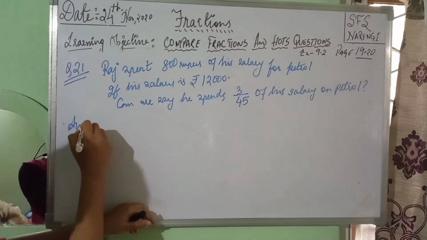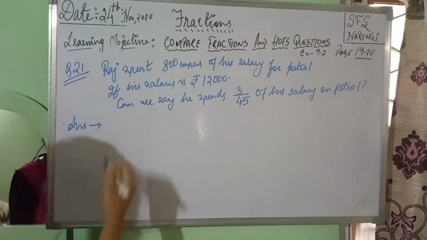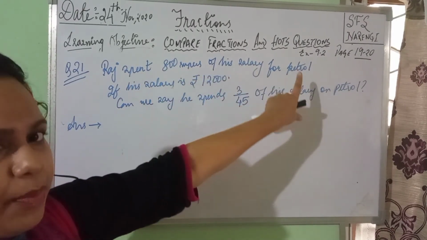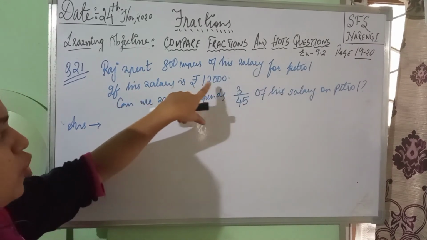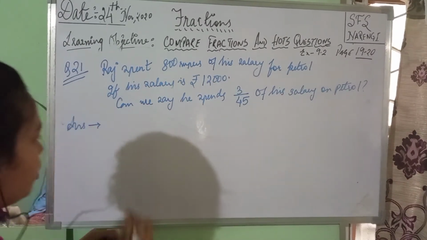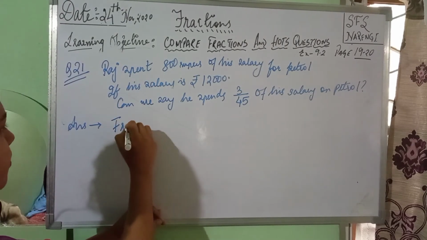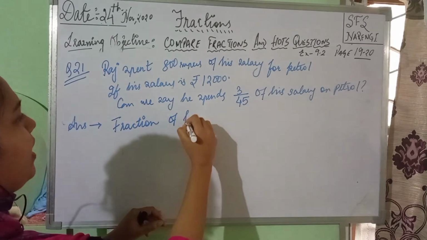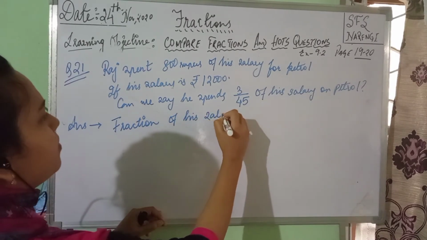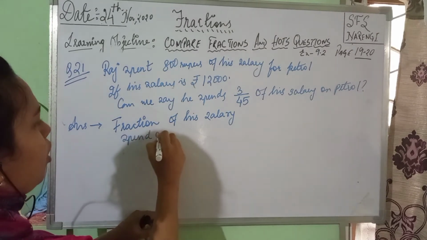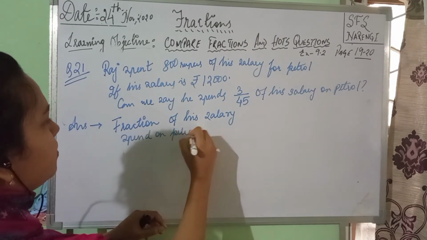Here you have that Raj spends 800 rupees of his salary for petrol. Okay, his total salary is 12,000 rupees. All right, so what is the fraction of his salary spent on petrol?